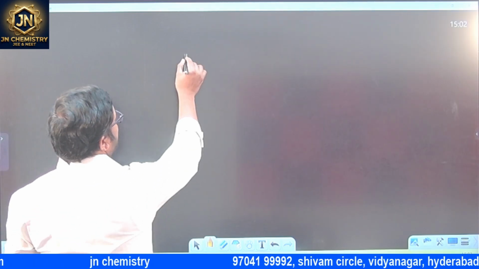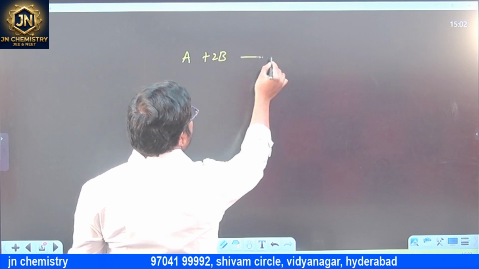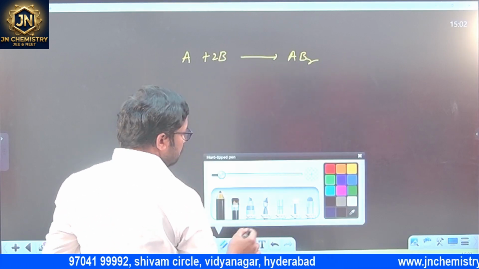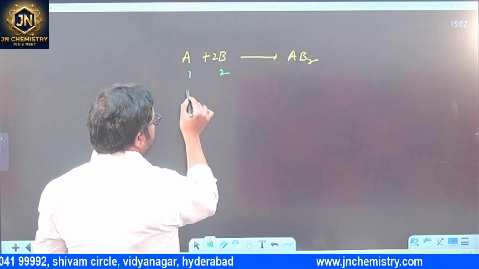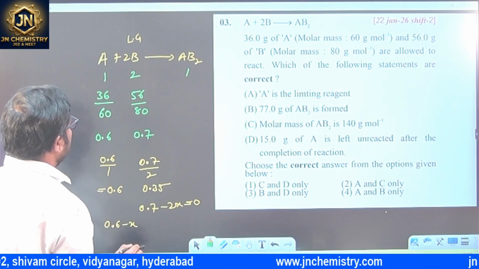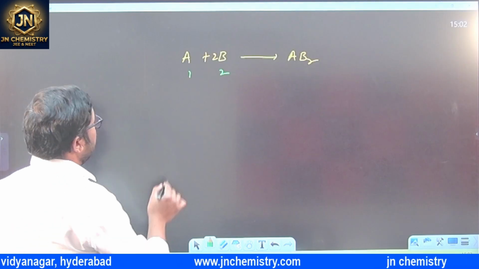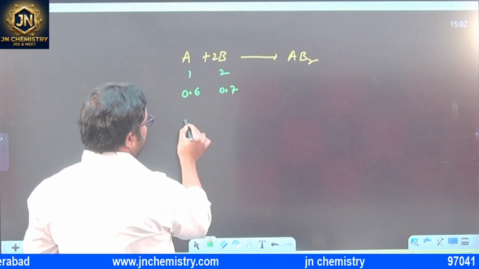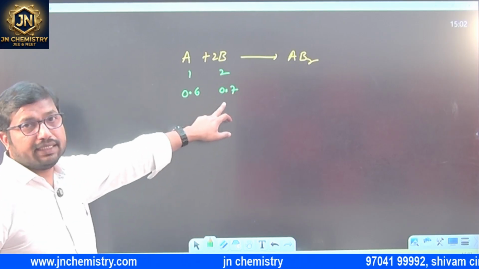A plus 2B gives rise to AB2. I told you this is 1 mole and 2 moles. Directly I am taking 0.6 and 0.7 moles, so what I am trying to say is that B is the limiting reagent.